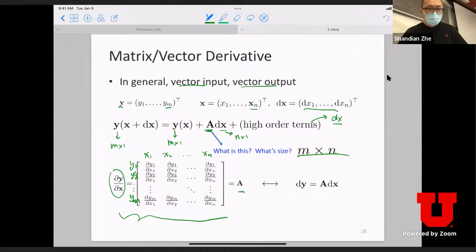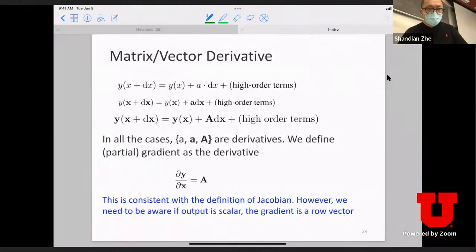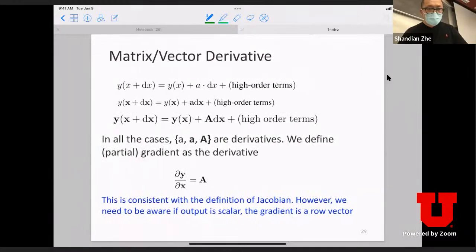So we define our partial derivative as the Jacobian A, and a more convenient writing will be dy equals A times dx. But again, please be aware of the size of these three terms. This is our definition of the partial gradient and derivatives.